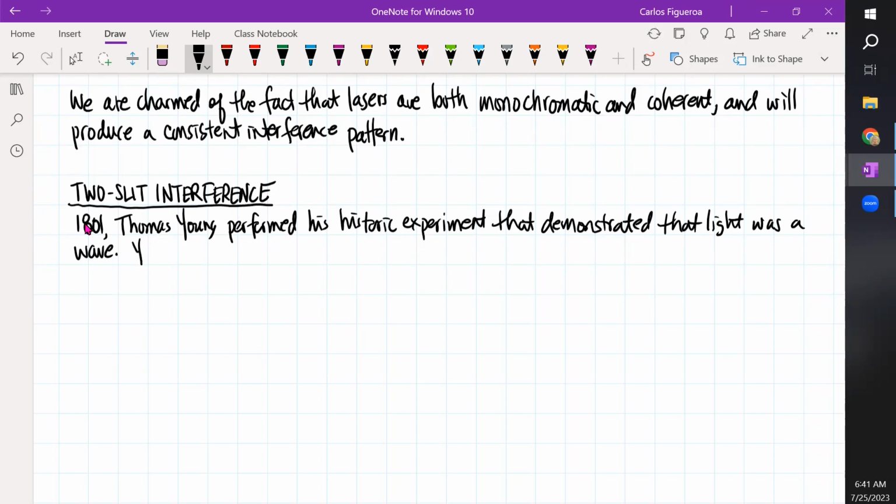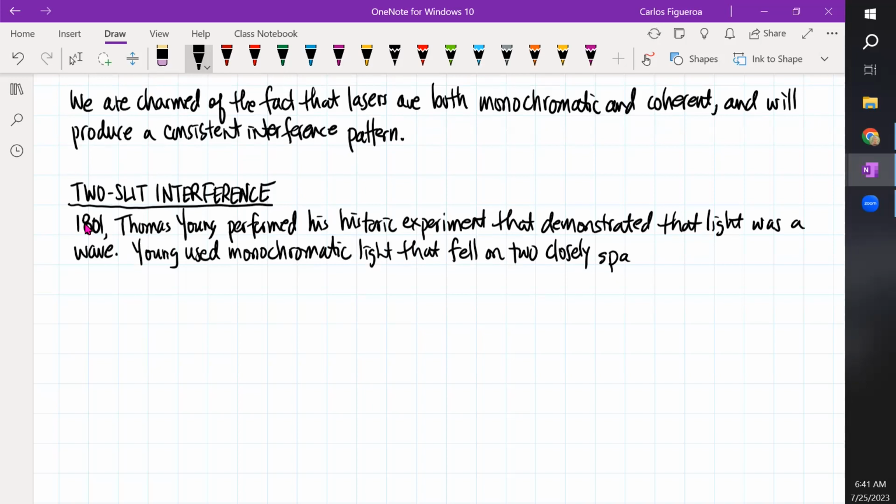So Young used monochromatic light that fell on two closely spaced slits.